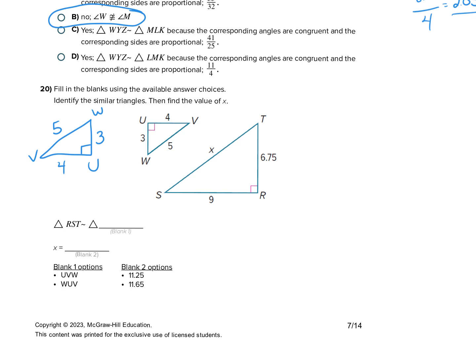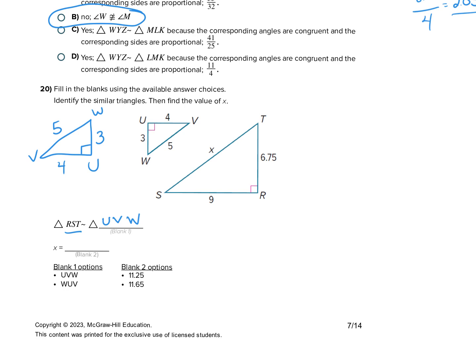So if we have RST, R corresponds with the U, because that's also a right angle. S is listed next, so that's V. And then T is my last letter, so that would be W. So that would be my similarity statement. Remember, the corresponding congruent angles have to be in the same order.